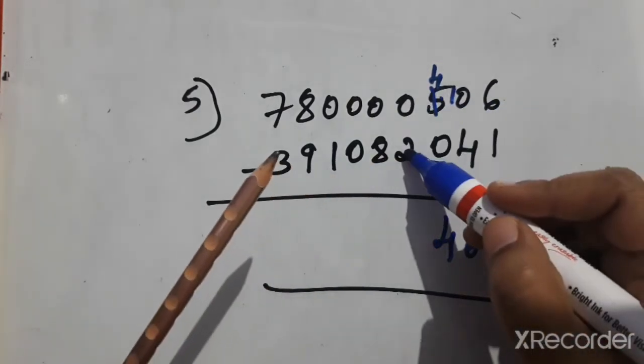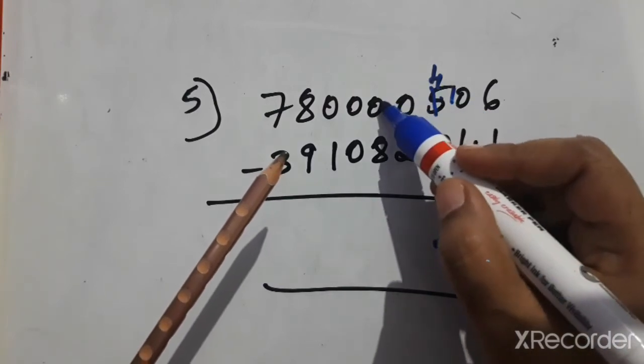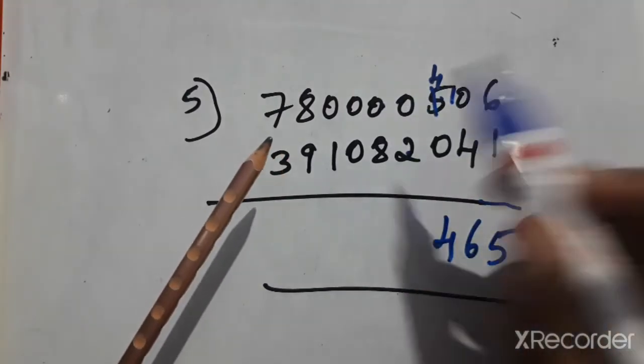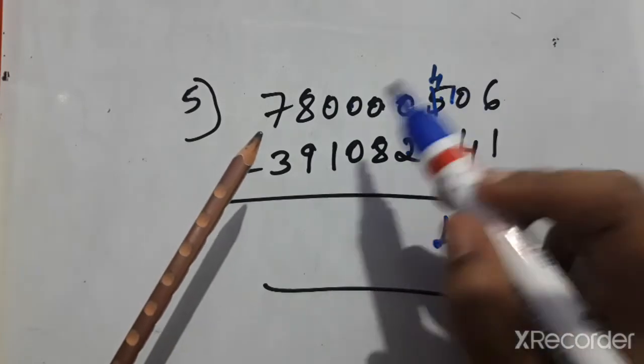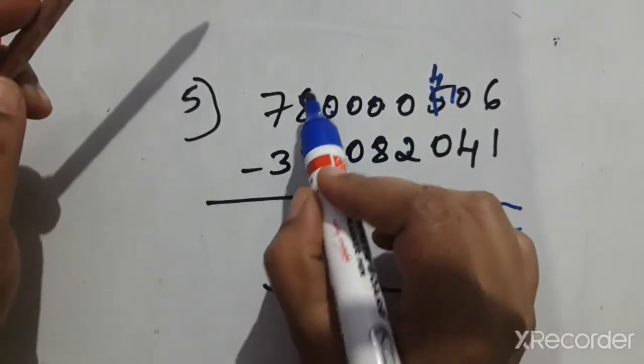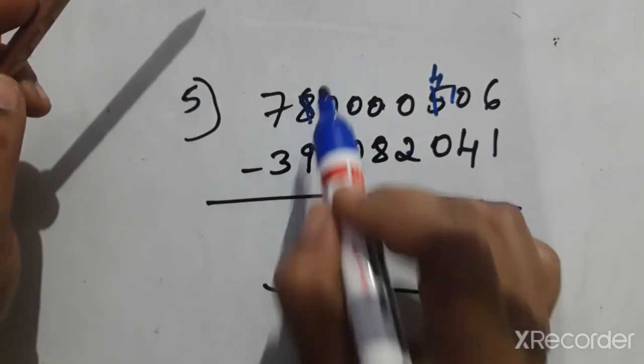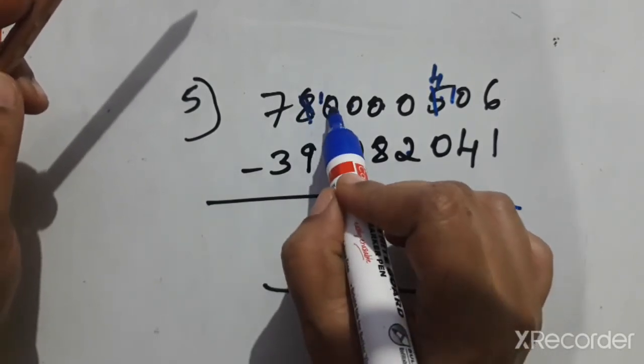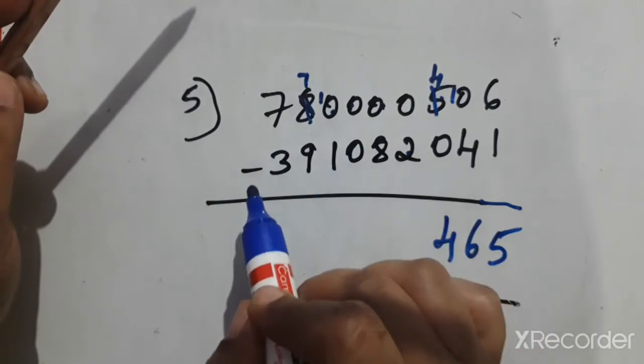0 minus 2, we can't subtract, so borrow 1 from the next door. There also 0. Then knock next door, here also 0. Here also 0. From 8, 8 is a rich person. From 8 he will help the next neighbor. So here 10 and this 8 will become 7.